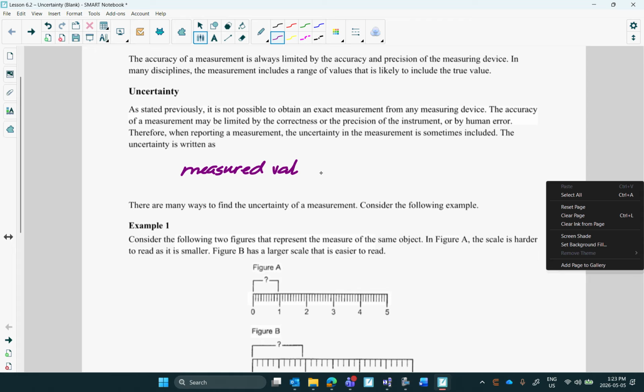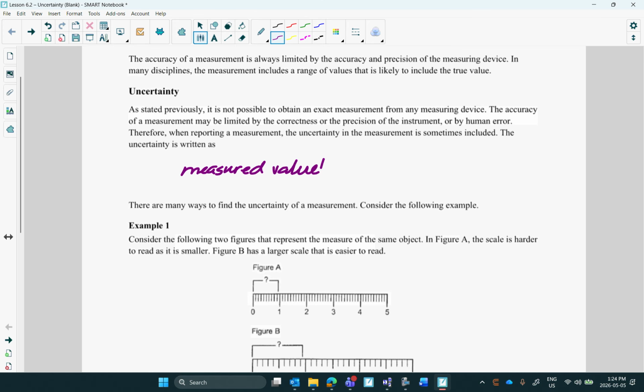Except we're going to add something now, and we're going to add uncertainty. Meaning that this is the value we measured, but there's a little uncertainty that comes with that. It could be a little bit higher. It could be a little bit lower. The question is, how much do we say?